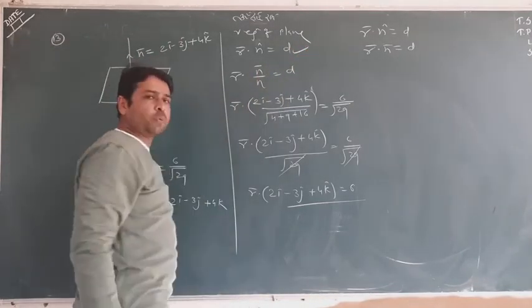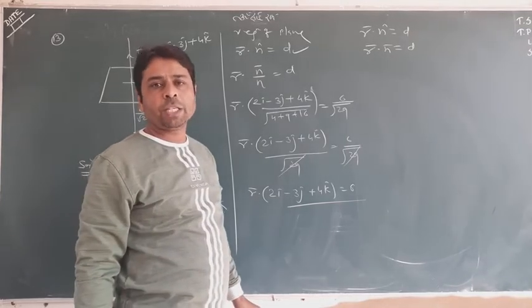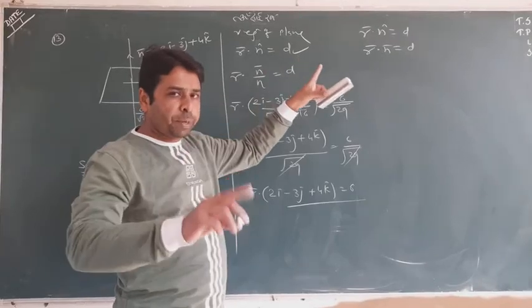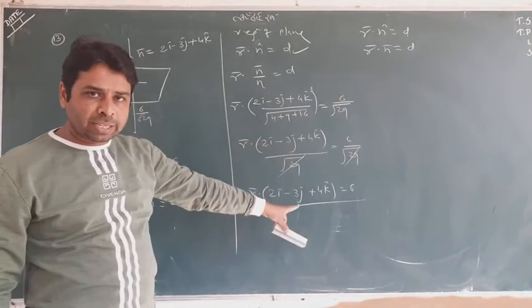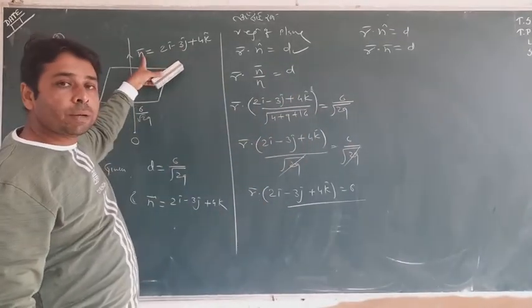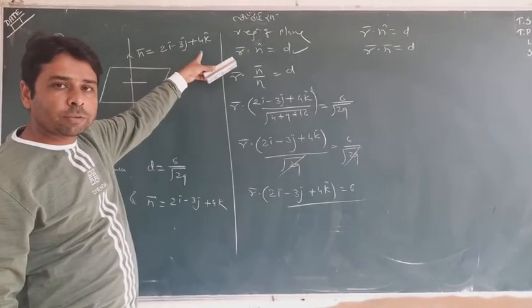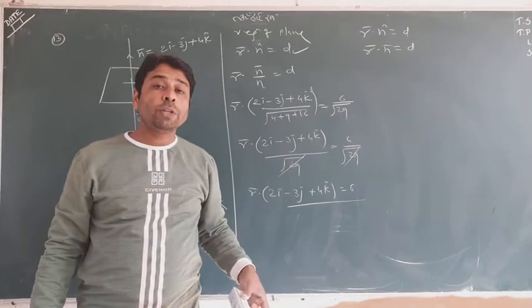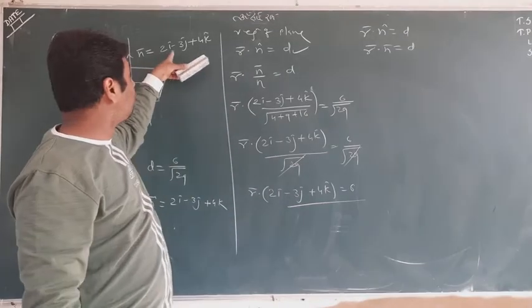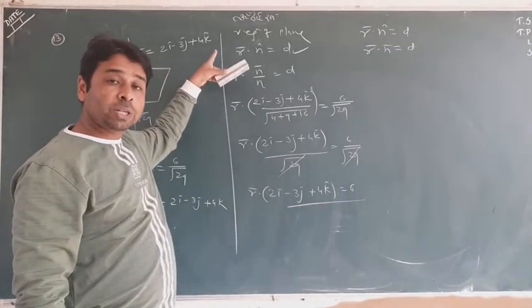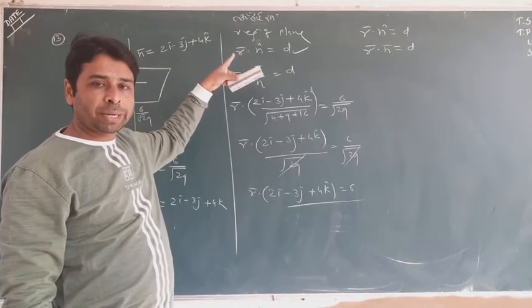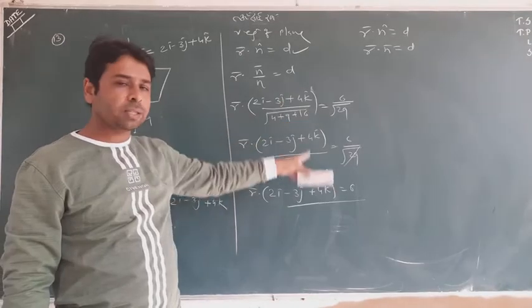It will be used only when d is given, the perpendicular distance of the plane from the origin, and n cap will not be given directly. As you can see in the example, only n was given, the normal vector of the plane. Instead of that, the language may be that the ratios of the normal of the plane are given as 2, minus 3 and 4. You should understand that by this you can create n, and after making n, you can find n cap and get your answer like that.